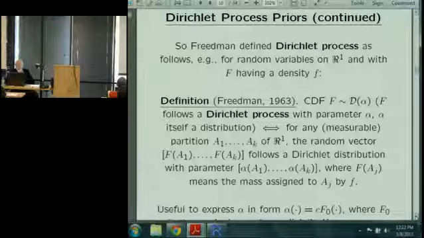I'm going to say that capital F is a draw from a Dirichlet process with parameter alpha if and only if, for any partition of the real line, the random vector that I get by working out how much area there is in each of those partition sets follows a Dirichlet distribution, with parameter given by the amount of probability that alpha, which is itself a density, assigns to each of those partition sets.